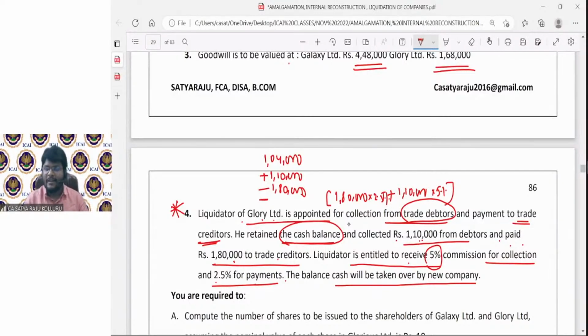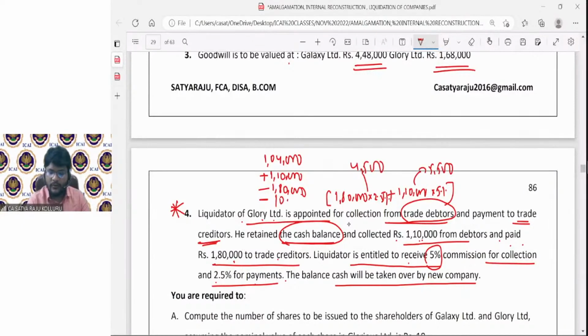Now, if you check, you will get the liquidator remuneration, how much it is. Please, all of you calculate and let me know. 1,10,000 into 5%, which is 5,500. This component is 5,500. This component is 4,500.